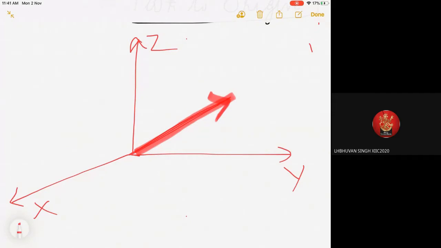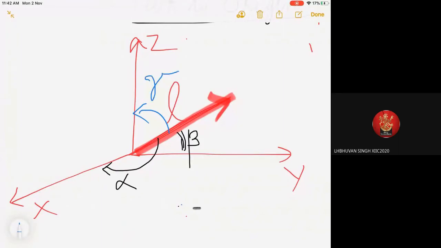Now, to know the inclination of this vector, or the line L, we take the angle alpha between the line and x-axis, the angle beta between the line and y-axis, and next comes the angle between the line and z-axis, we call it gamma.